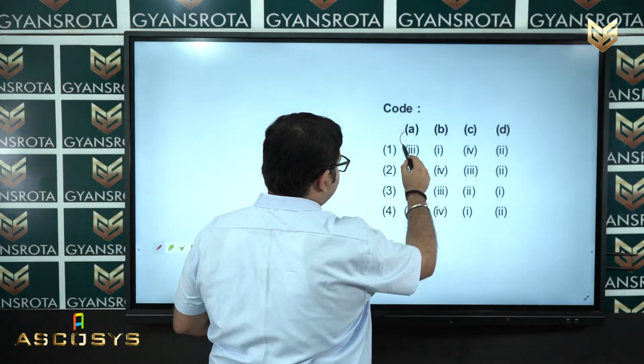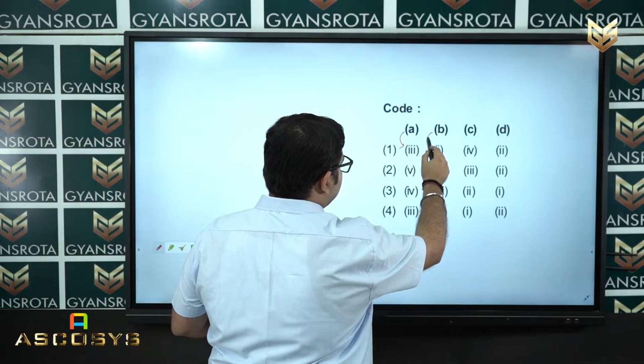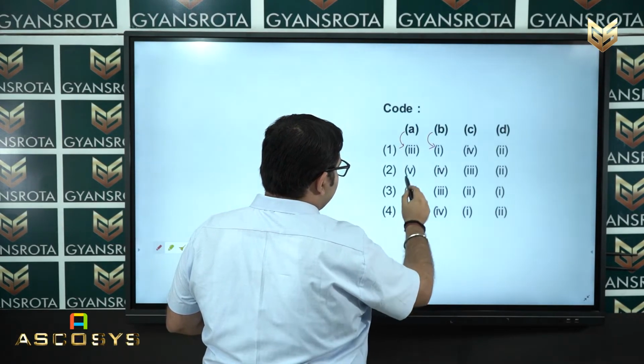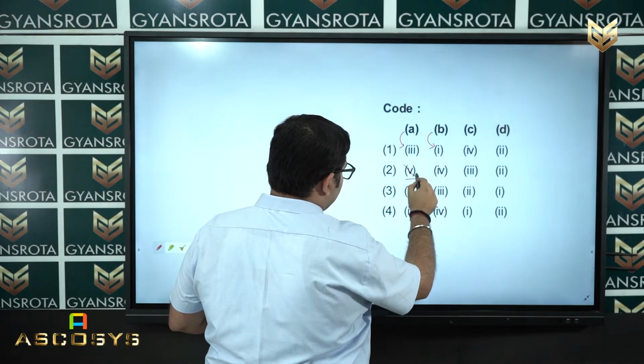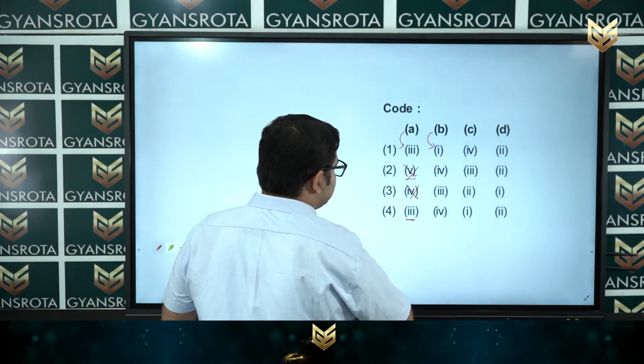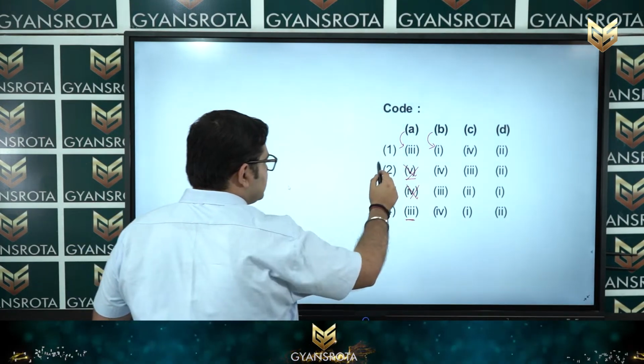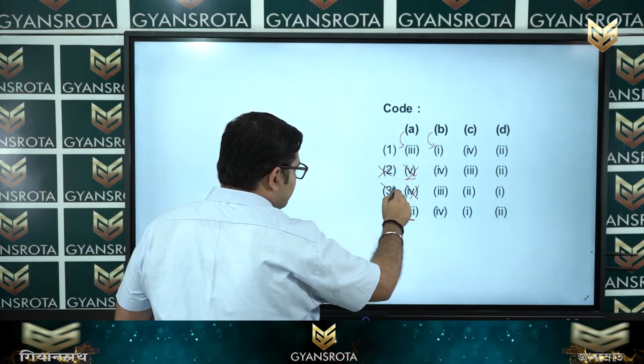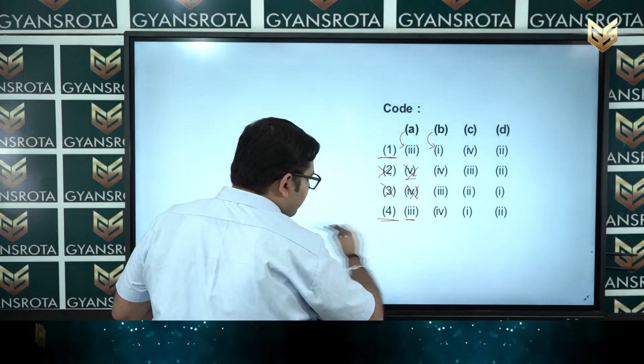A is matched with 3, yes true, B is matched with 1. A5 is not possible, A4 is not possible. So, we have to leave out option number 1 and option number 4.